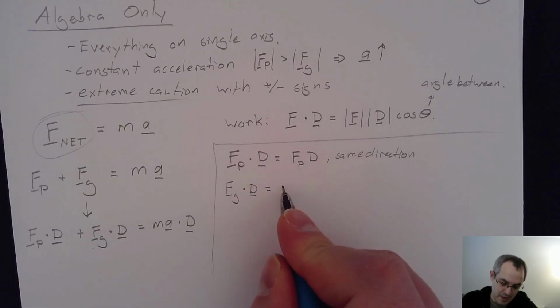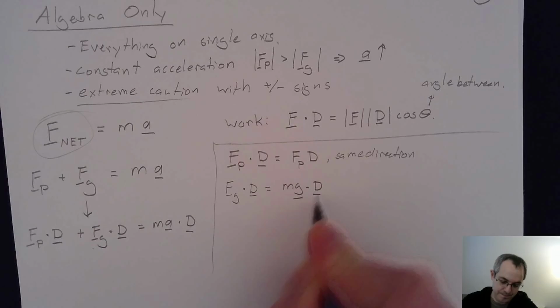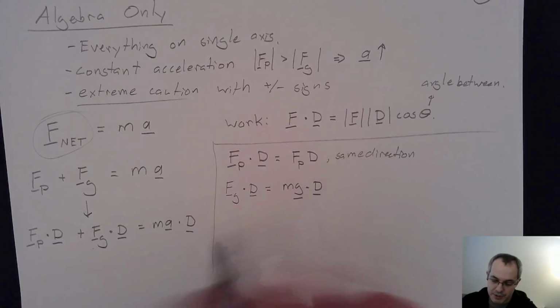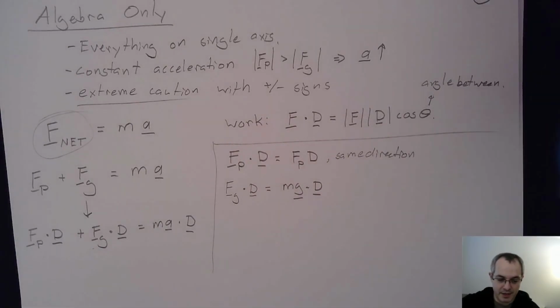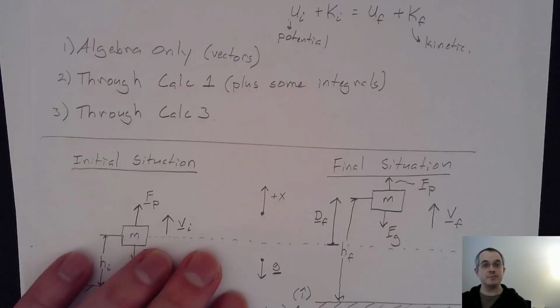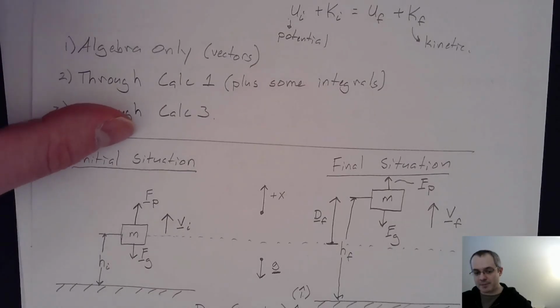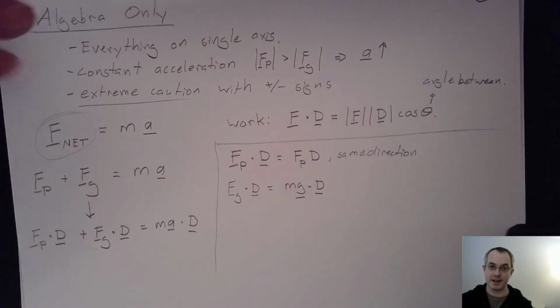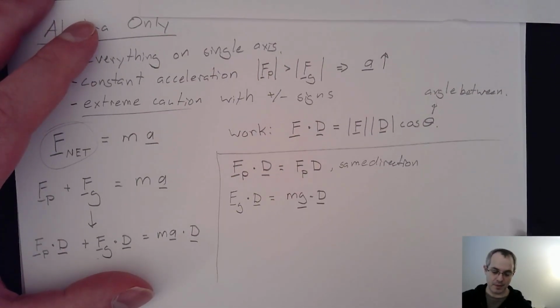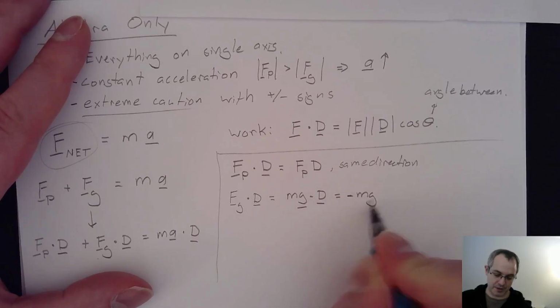So that's going to be m g dot d. And now g and d, remember the d vector, displacement points up because our box is moving up, but g points down, so it's in the opposite direction, and so that gets a negative sign. So that's going to be minus mgd.